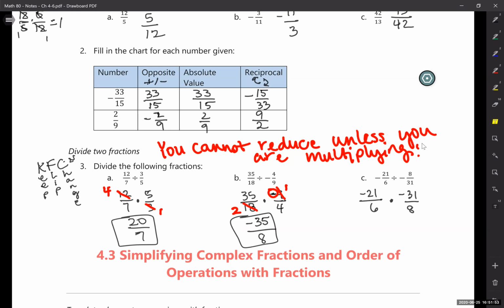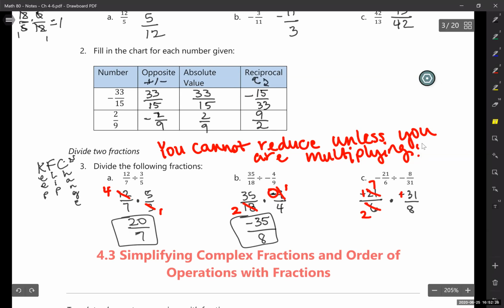For part C, I noticed the 21 and 6. Well, let me take care of the negatives first so I don't lose them. So I have 2 negatives, so those are going to become positives. Multiplying 2 negatives becomes positive. 21 and 6 have a 3 in common. 31 does not have anything in common with either denominator. 7 does not have anything else in common with either denominator.